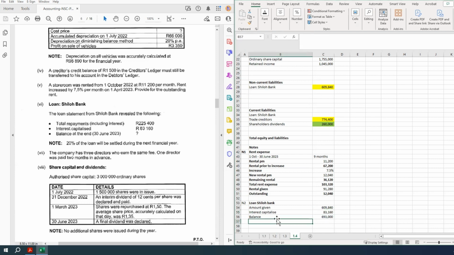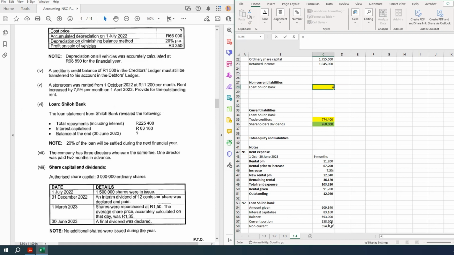Now, remember, 20% of this is current. So the current portion would then be the closing balance times 20%. So that is the current portion. Non-current would then be the difference, so the total minus what is current. Then I need to just go back and update my amount.